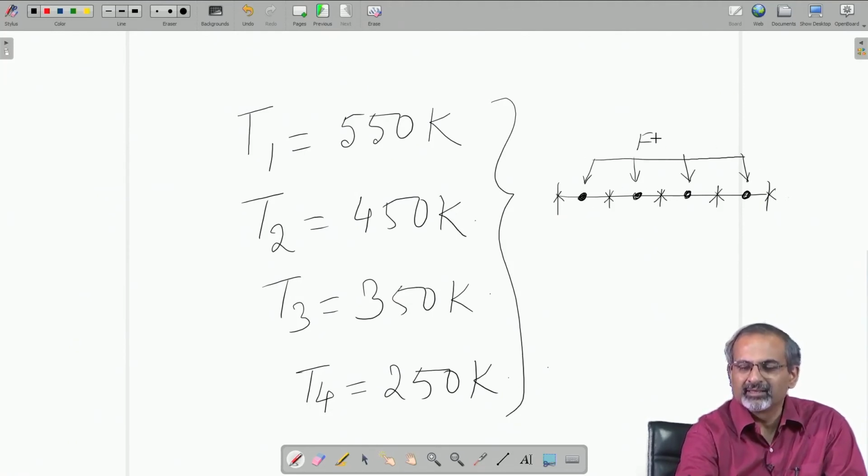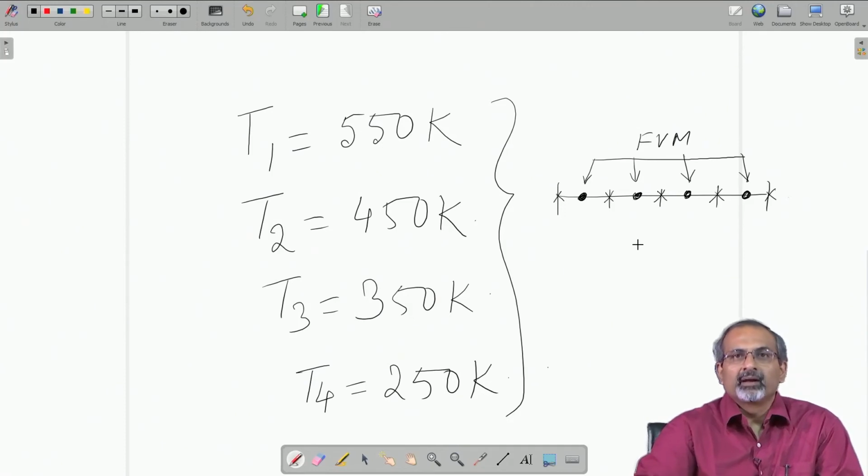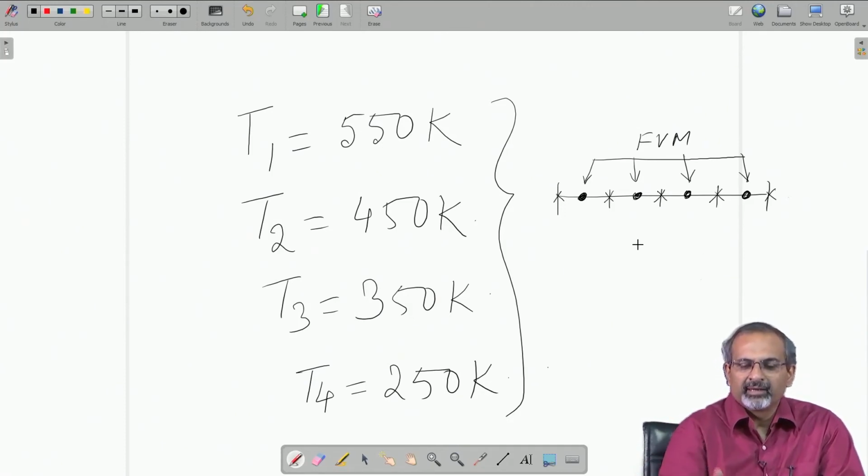So, naturally the solutions would differ. However, if you again go back and look at the exact solution of the governing equation, you will find that what you have got at these dot locations using the finite volume method again is exact.